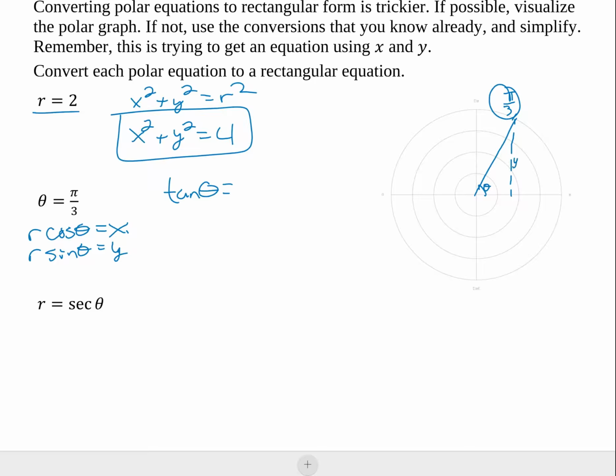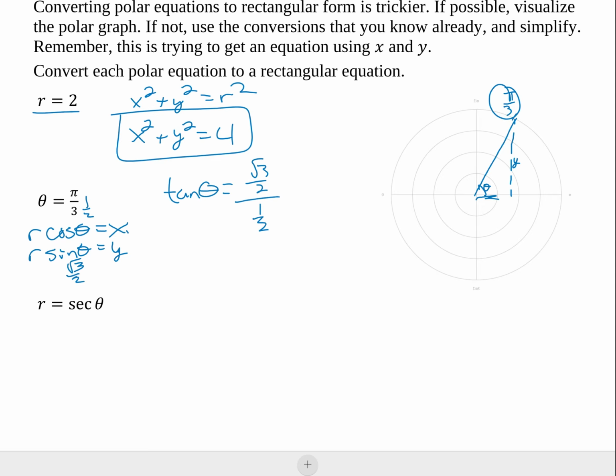This would be the y coordinate, and that's the long side of the 30, 60, 90 triangle. So sine pi over 3 is root 3 over 2. And cosine pi over 3, that's the short side of the 30, 60, 90 triangle, so that's going to be 1/2. So that means tangent theta is root 3 over 2 over 1/2.